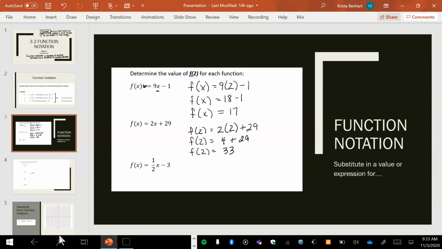This last one, f of 2, they want you to plug in 2, equals a half times 2 minus 3. F of 2 is 1 minus 1, because 1 half times 2. Actually, this should be 1 minus 3. So f of 2 is negative 2.